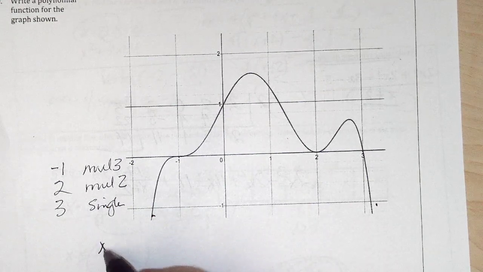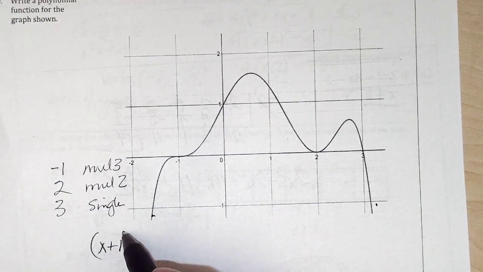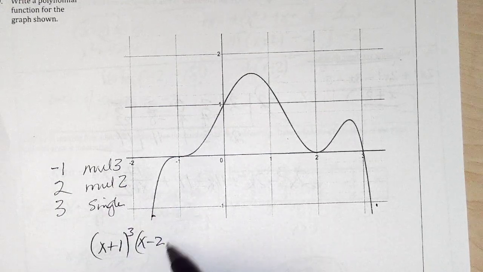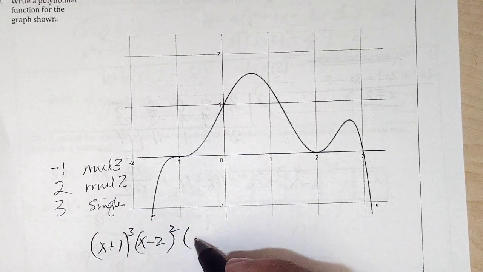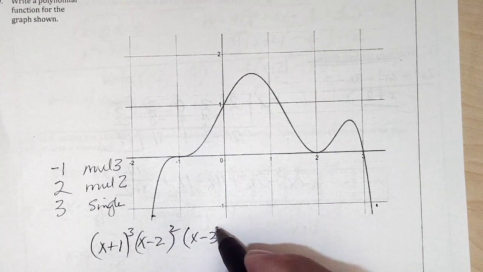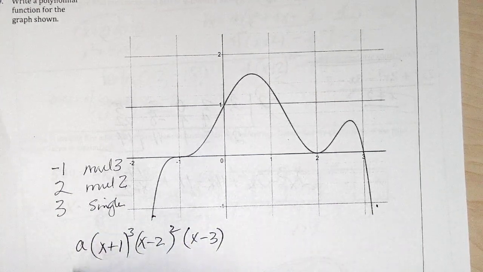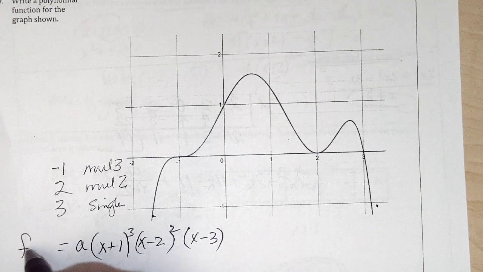So it must be x plus 1 to the third, x minus 2 to the second, and x minus 3 once, and times some number a is the function.